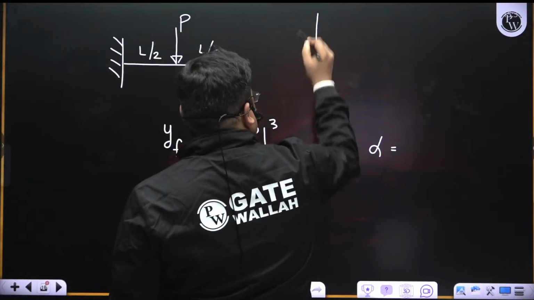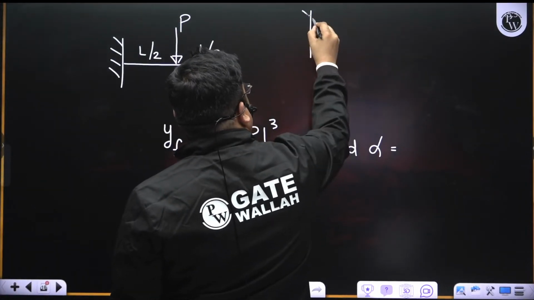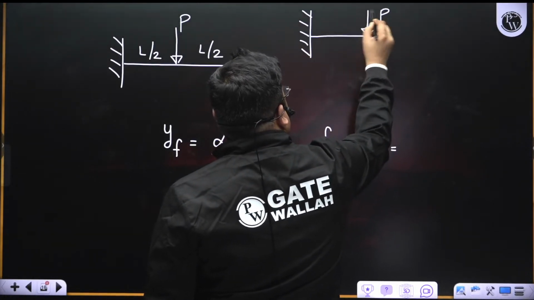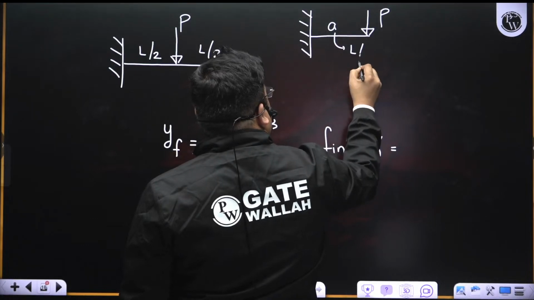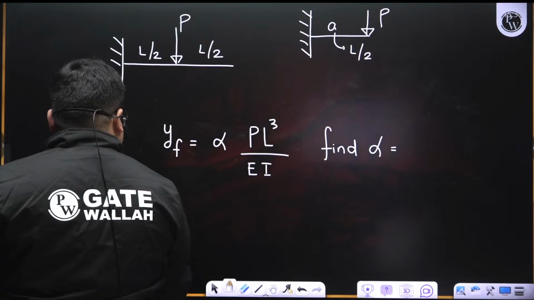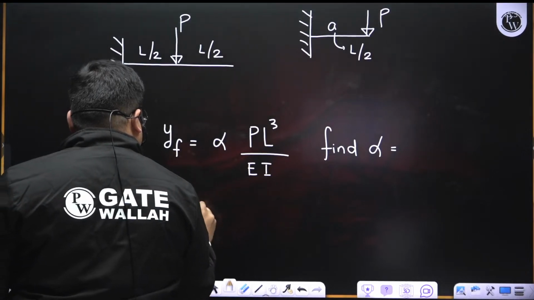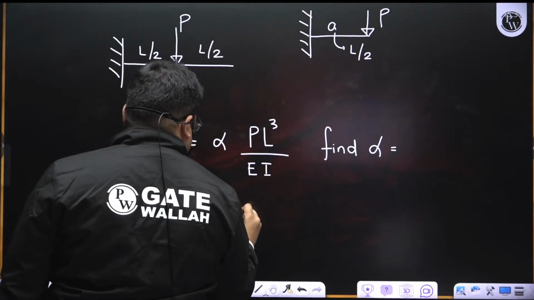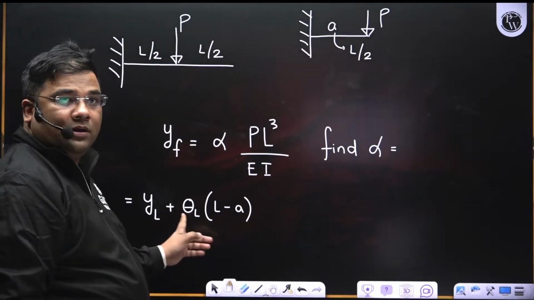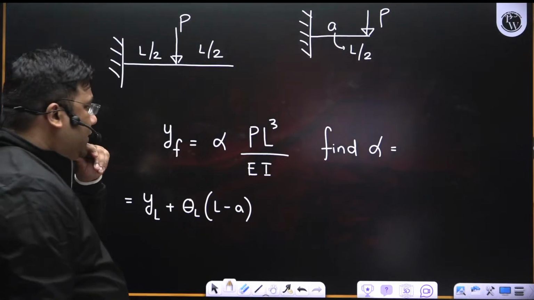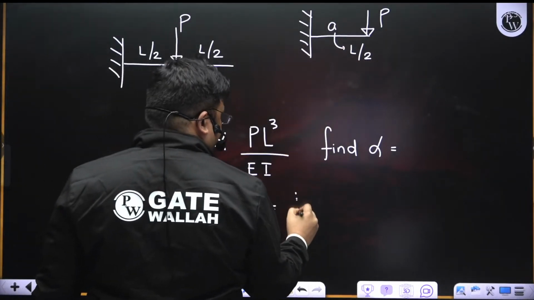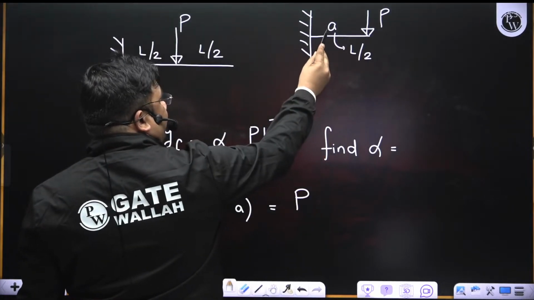So here also we can do the same thing. Here we'll apply the load till A, where A is L by 2, right? And then deflection at the free end will be deflection below the load plus slope below the load into L minus A. And here, in place of L, I will use A. So easily you are able to find out. Deflection below the load I will use as P A cube by 3 EI.